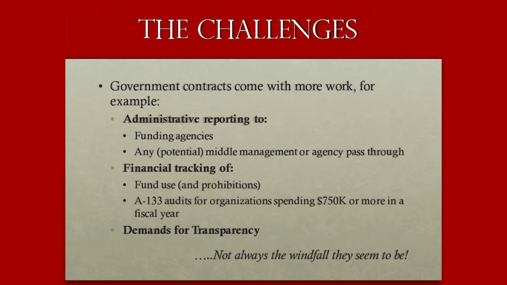A great deal of federal funds are awarded to a state agency or to a management not-for-profit who then subcontracts with numerous implementation agencies. And so if you're one of the little guys in the trickle down, you are required to not only meet the strictures of the initial contract with the federal agency, but to understand any unique reporting requirements of the middle pass-through agency or the local agency as well.